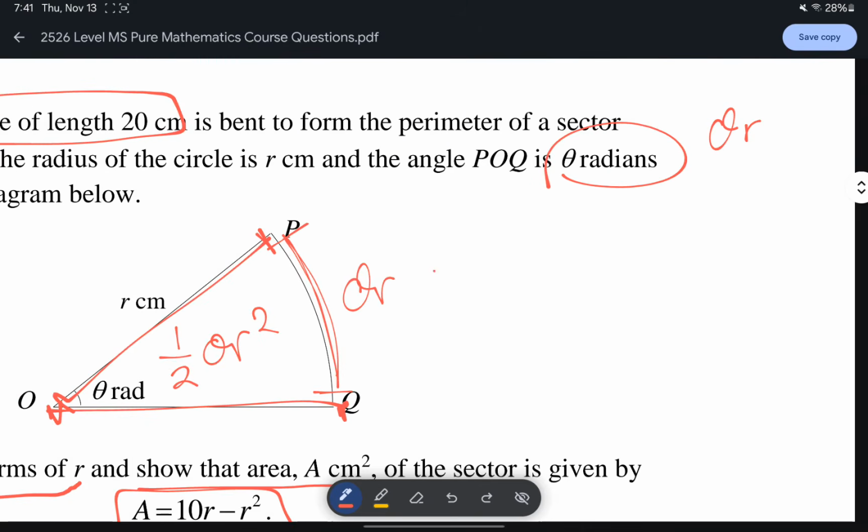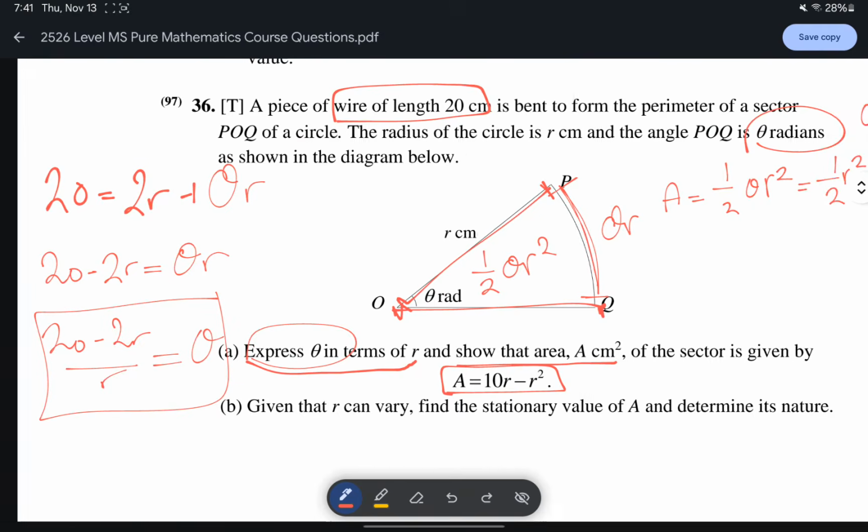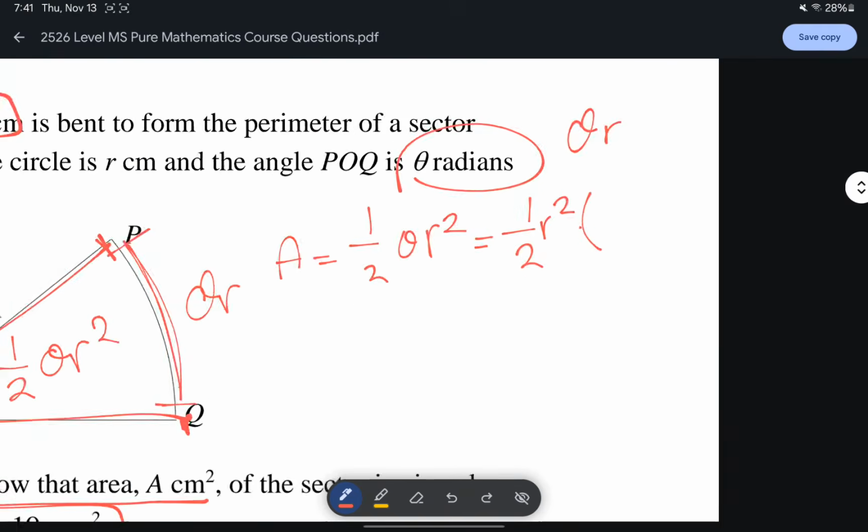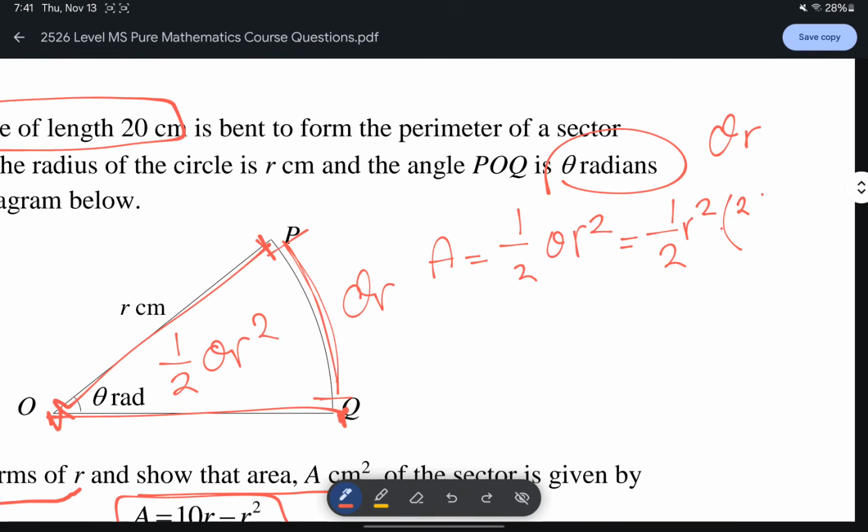So the area is 1 over 2 theta r squared, and we have theta already, so we'll substitute. It's 1 over 2 times r squared and then times theta. Theta, what we have is 20 minus 2r over r. So I'll come here, 20 minus 2r over r. Okay, so this r squared cancels out with this r here. So right now we have 1 over 2 into 20 minus 2r.